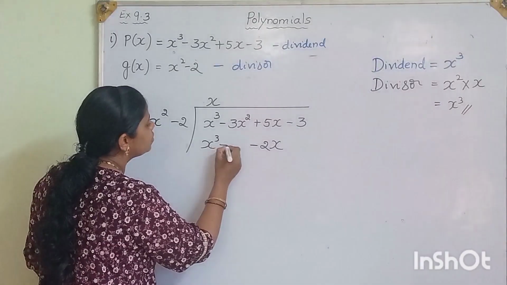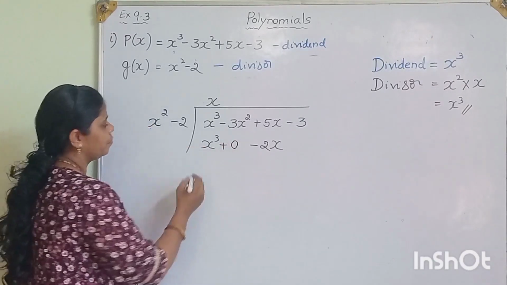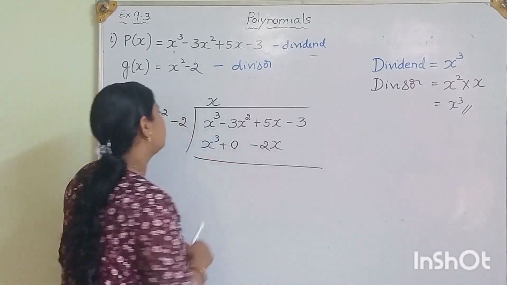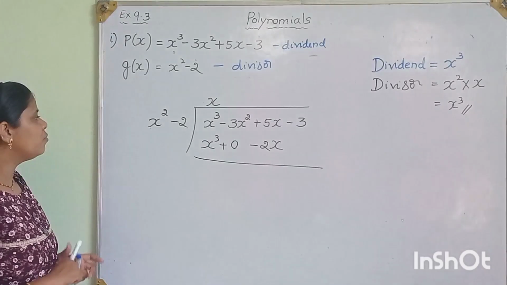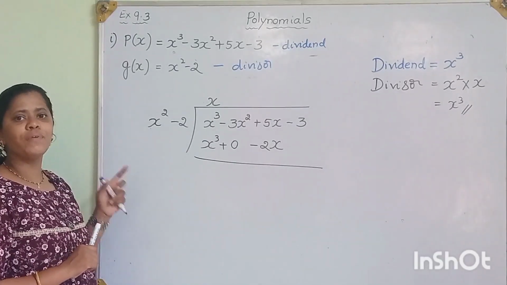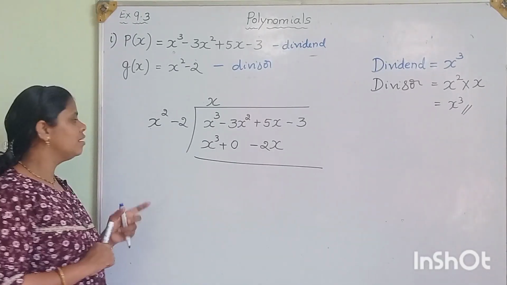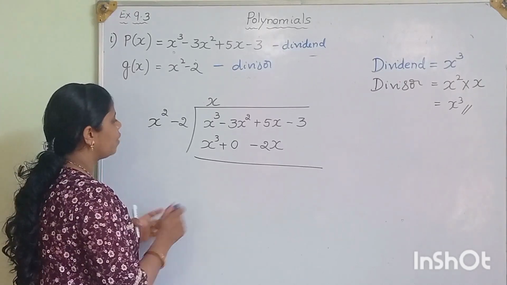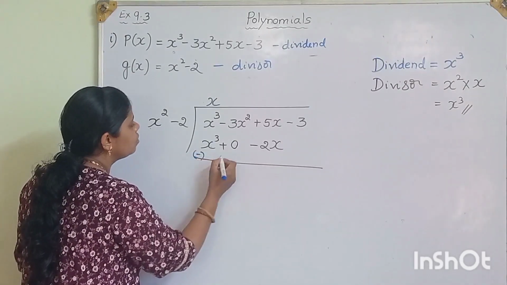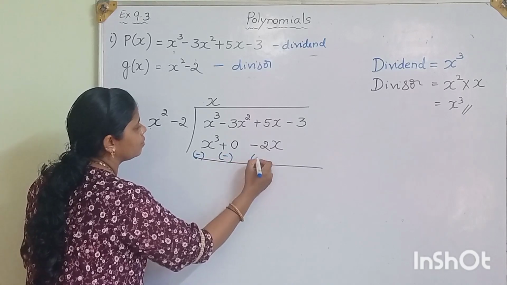Here let me write 0. Now we have to change the sign because we are subtracting in division. So let me change the sign.